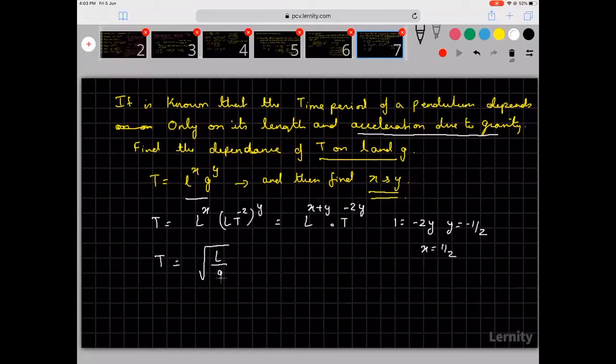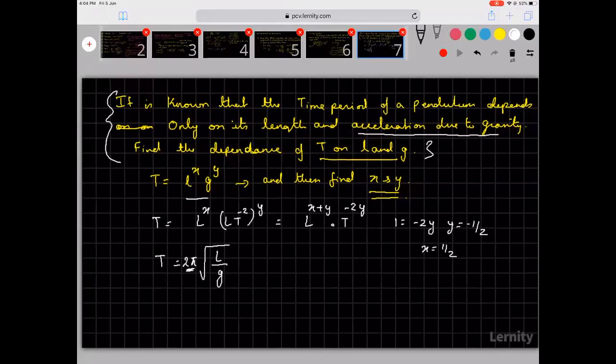So there is a constant here. We cannot find out that constant by using dimensional analysis. So they will ask you what the limitations of dimensional analysis are. The limitation is that you cannot find out that the constant is 2 pi.